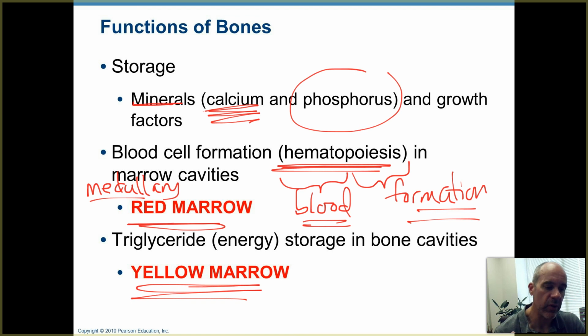When you're first born, quite a bit of your bone marrow is devoted to blood cell formation and falls into that red marrow category. But as you get older, more and more of your marrow converts over to yellow marrow for fat storage, and you have less of your marrow cavities devoted to blood cell formation.